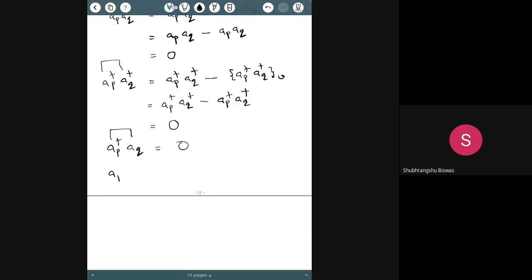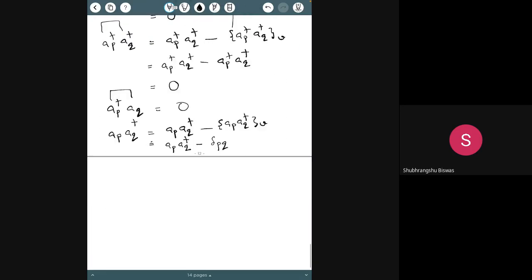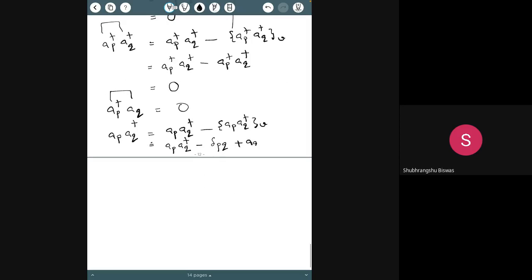If you have, on the other hand, A_P A_Q dagger, then you have A_P A_Q dagger minus the normal ordered A_P A_Q dagger, and this is A_P A_Q dagger minus, now, delta PQ plus A_Q dagger A_P.